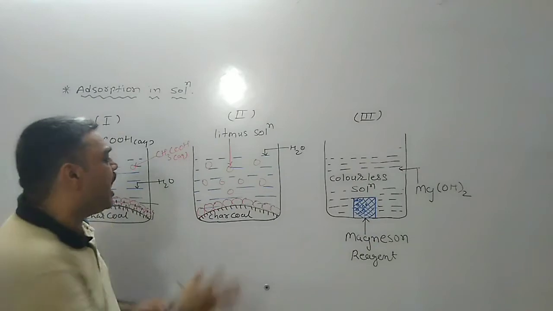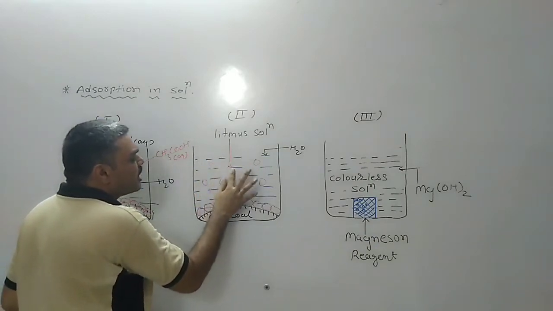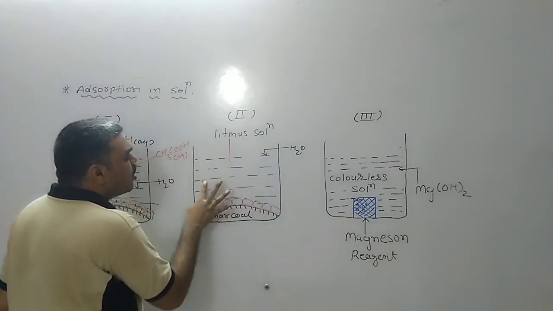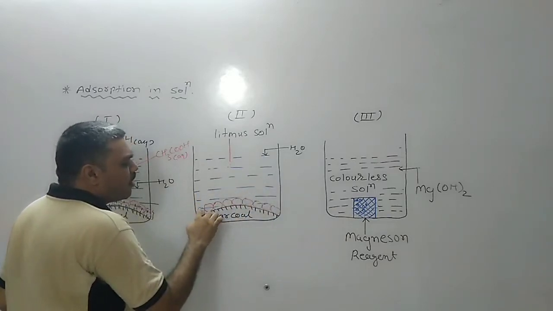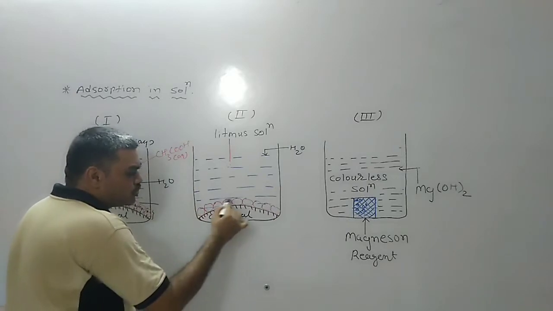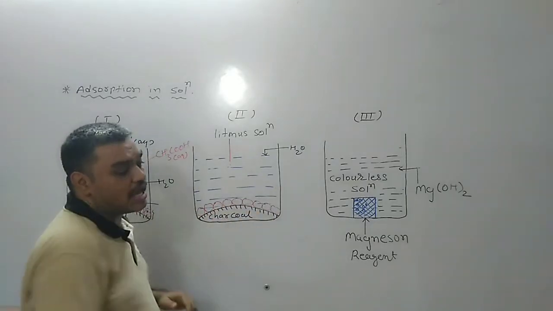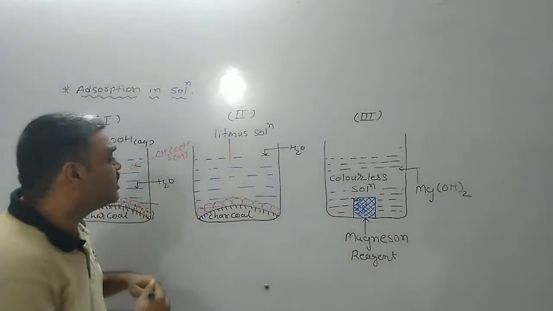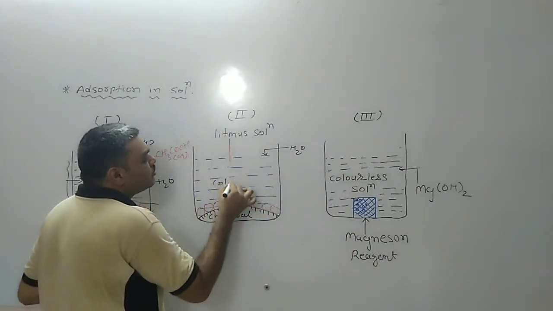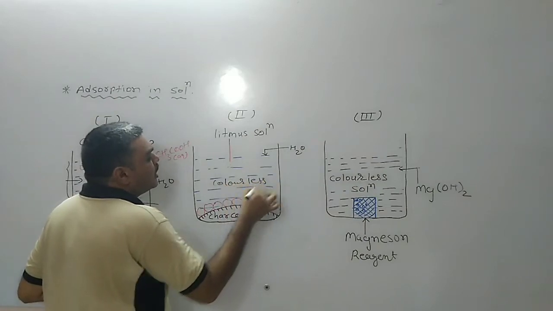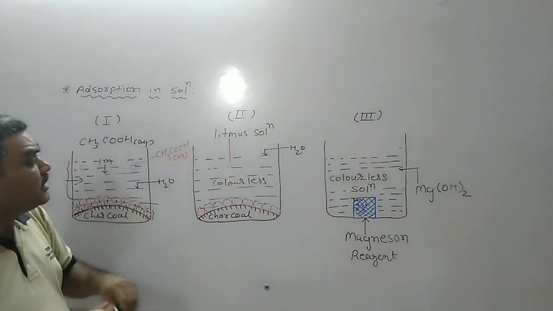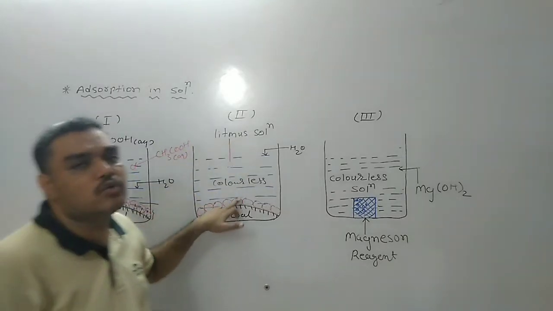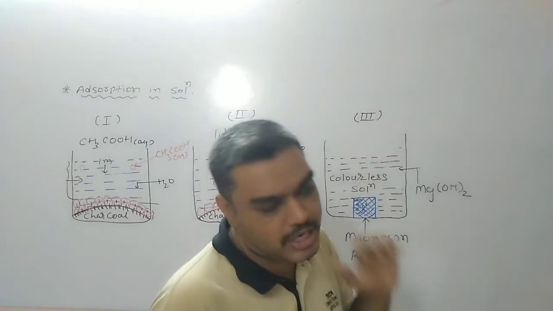After some time your solution becomes colorless, which means all the solute particles of the litmus solution are adsorbed on the surface of charcoal, and then your solution becomes colorless. Here you will find that the litmus solute particles are attracted towards the surface of charcoal and adsorption takes place.